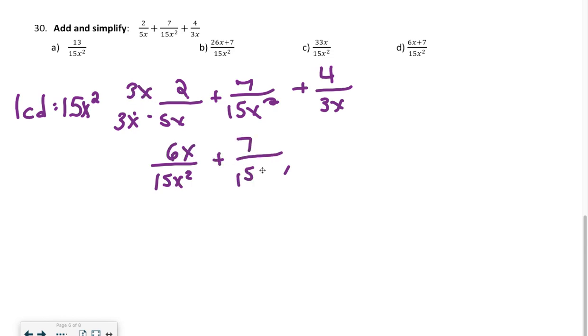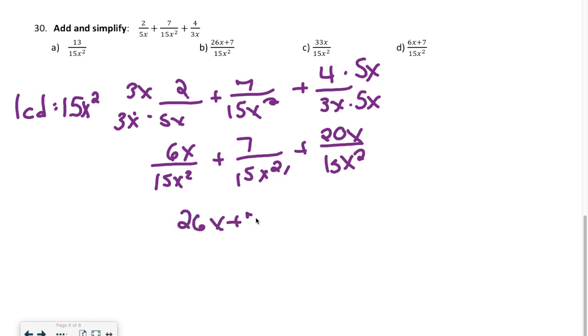This is already a 15x squared, so no manipulation. To make this one a 15x squared, we will multiply top and bottom by 5x. Combining straight across, we would get 26x plus 7 over 15x squared, and we cannot simplify any further, so choice B.